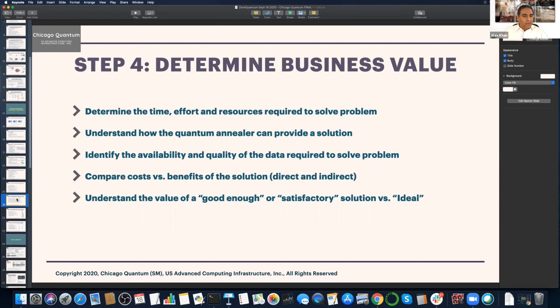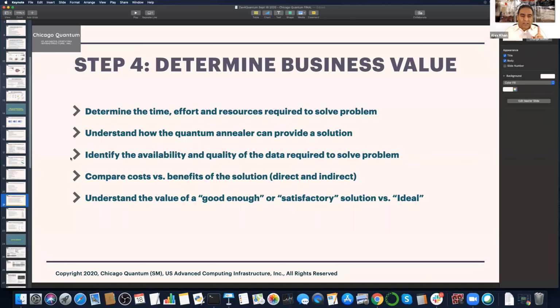So you have to look at your time and effort and resources to solve the problem, to use a quantum annealer, and what kind of data you have available to actually solve this. Compare the costs and benefits of just solving it directly the way you're doing classically, and then solving it through the annealer or some other method.